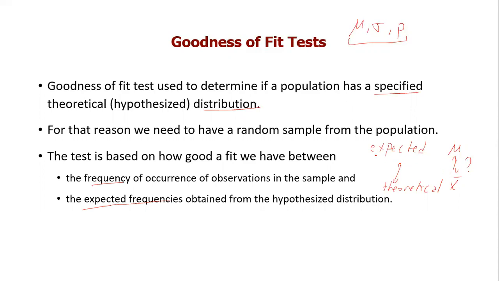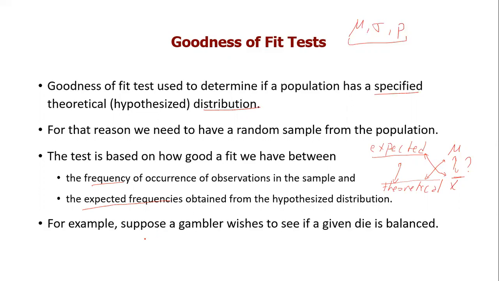Similarly, I look at the expected frequencies and then I check the theoretical frequency. In fact, this is just vice versa. This is mu, theoretical expected, and what we observe is x bar. If they are close enough to each other, then we don't reject the hypothesis.